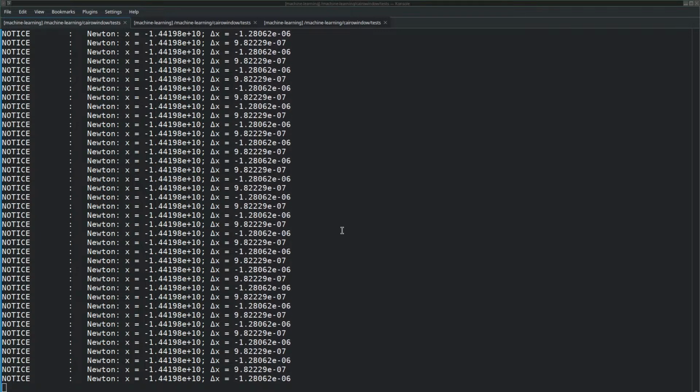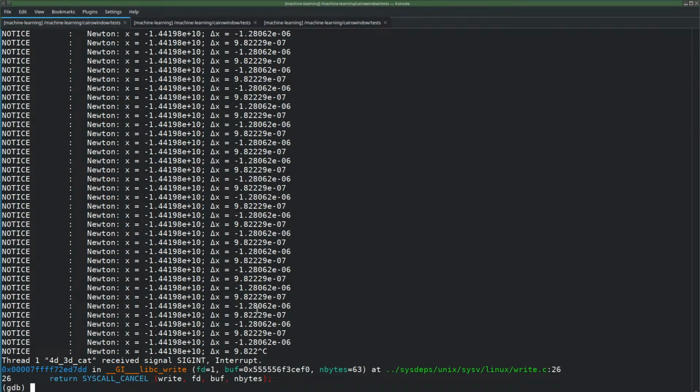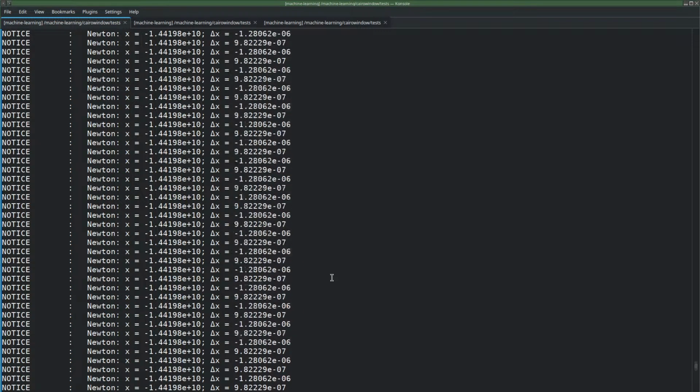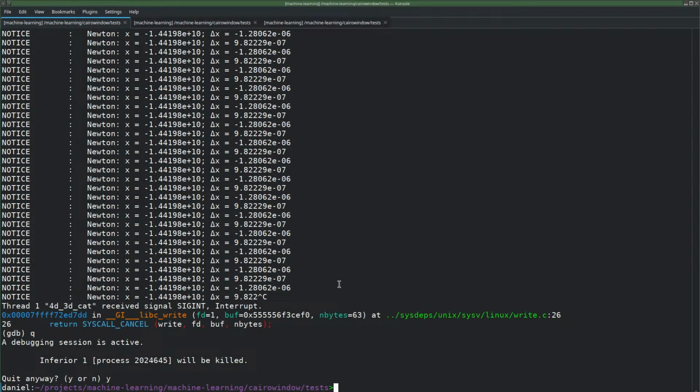But not exactly what I wanted to see, because it's just infinite, because it never reaches the correct position here. Well, if this is the value and this is the step, it's 10 to the minus 15, so yeah. My termination condition is clearly wrong. I have to give that way more thought.